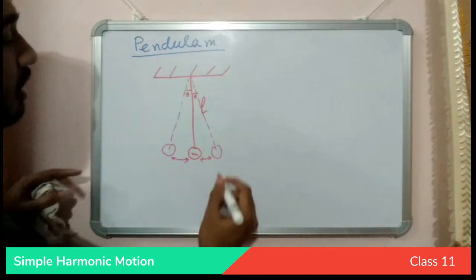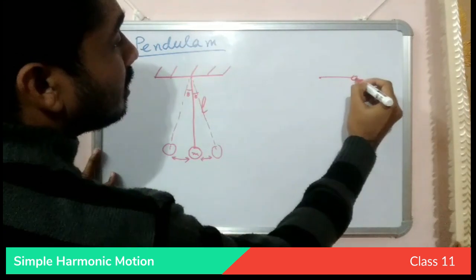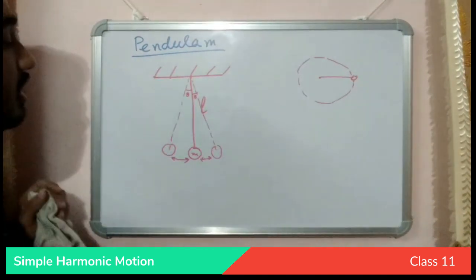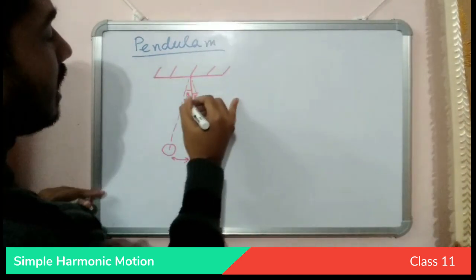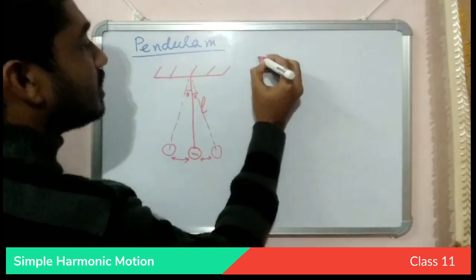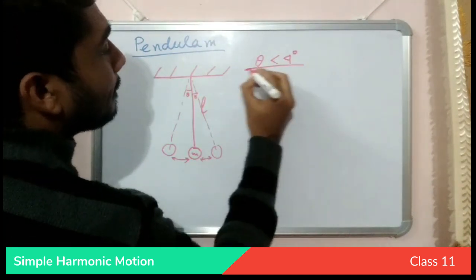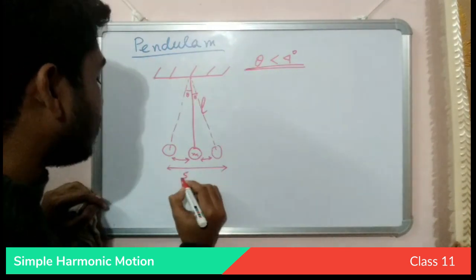And if a pendulum makes a full round like this, it forms a circle. But if we consider this angle of deviation theta less than 4 degrees, then this displacement could be taken as a straight line.